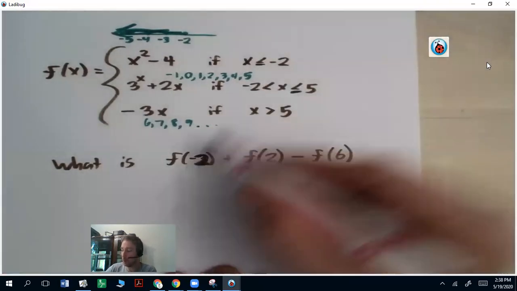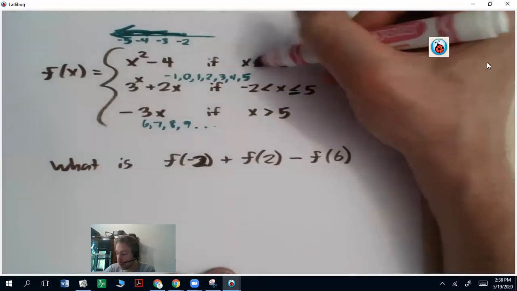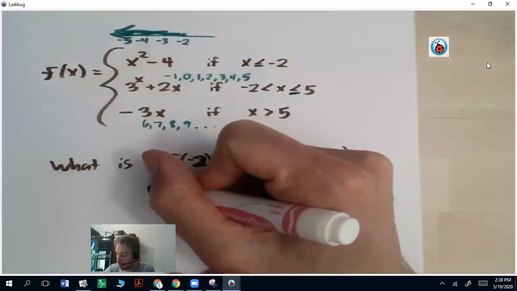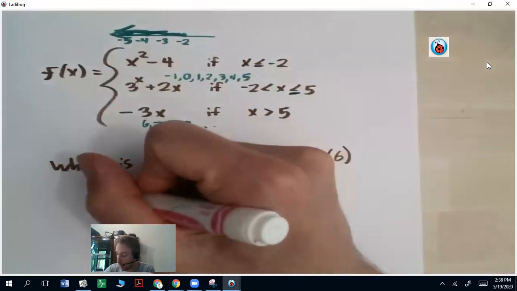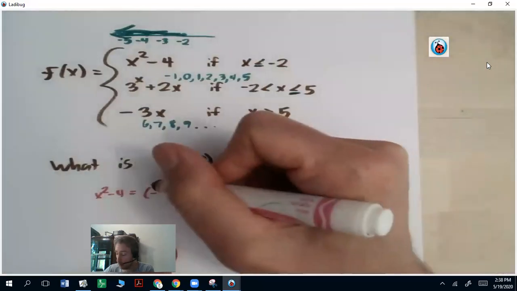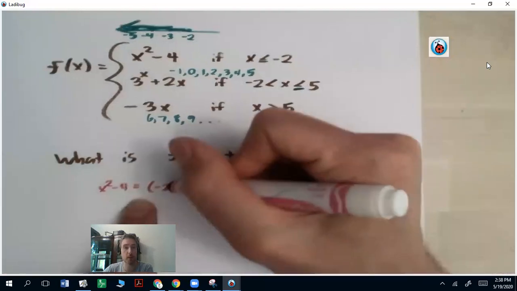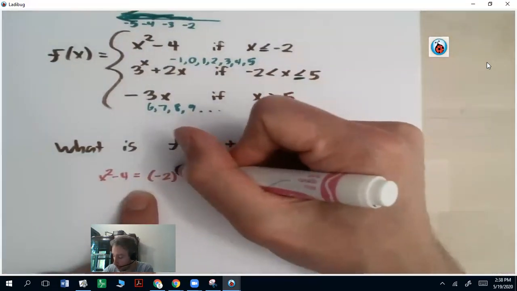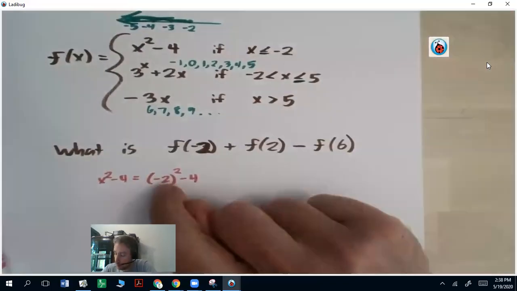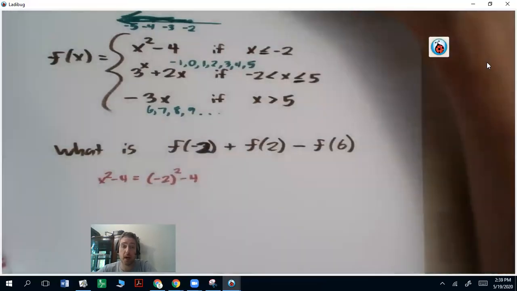F of negative 2. Since negative 2 is equal in this inequality, we're going to plug it into x squared minus 4. So x squared minus 4, when f is negative 2, x is negative 2, we're going to say negative 2, and use parentheses when you plug in a negative, squared minus 4. And 2 squared is 4, so negative 2 squared is also 4 because a negative squared is positive.